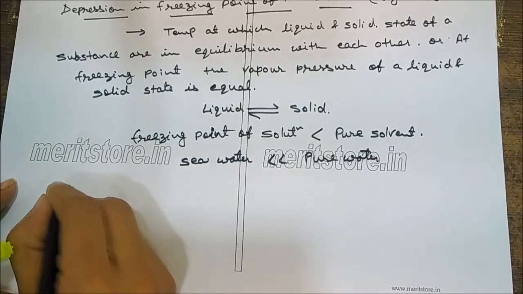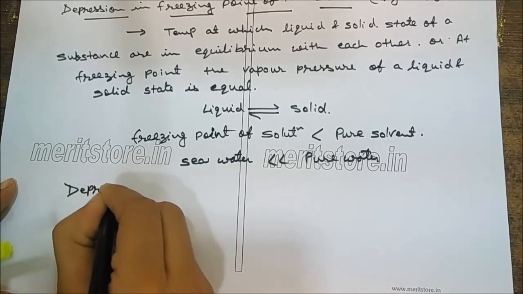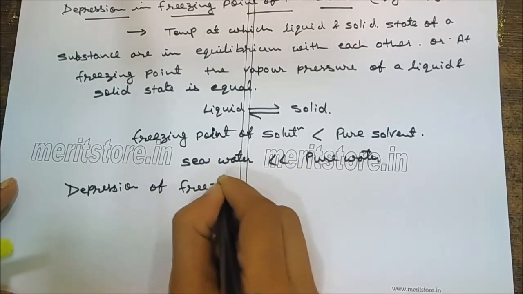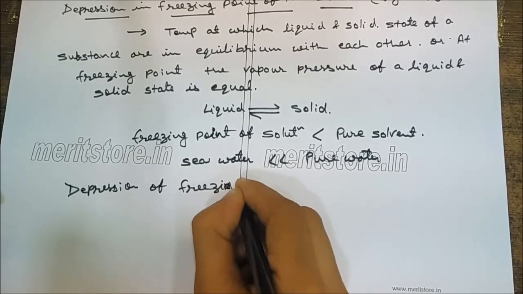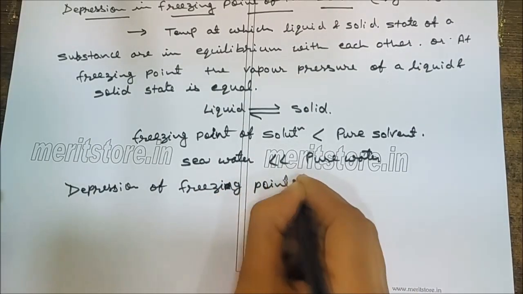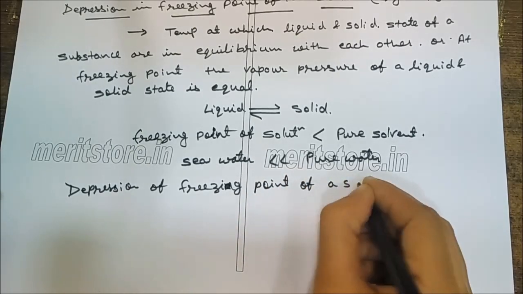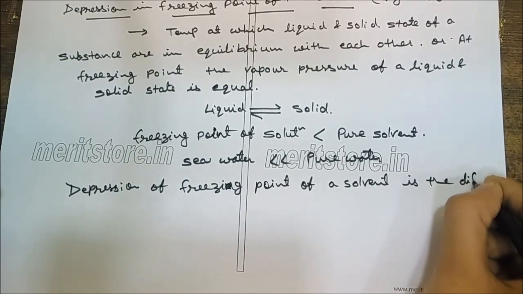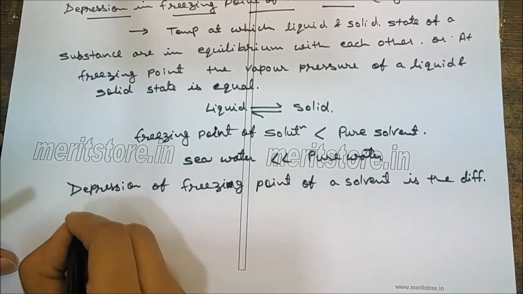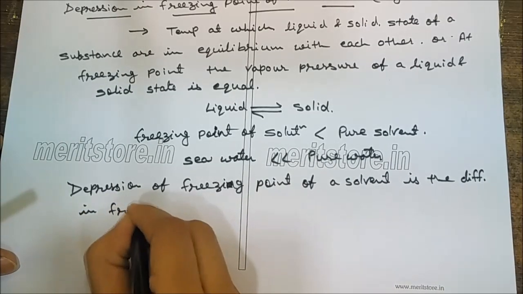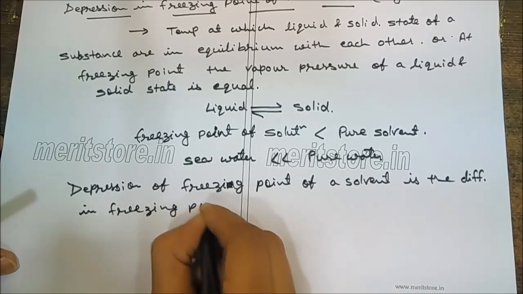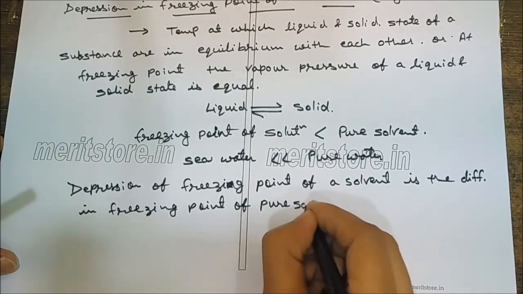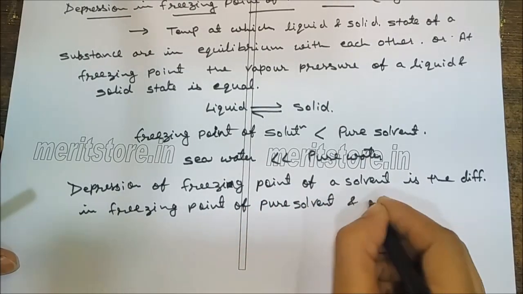What is the depression of freezing point? The depression of freezing point of a solvent is the difference in freezing point of pure solvent and its solution.